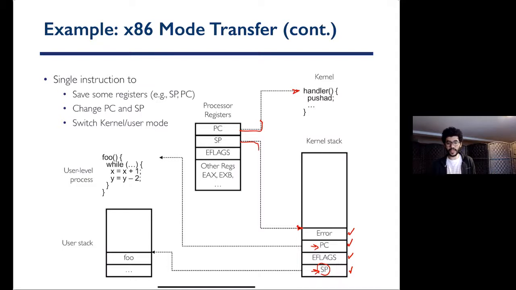This part the operating system cannot do by itself. Why? Because if hardware doesn't copy the user's program counter, the new PC is pointing to kernel code, and the kernel doesn't have any idea where the PC was before. So this is where we actually need hardware support, and this is necessary.